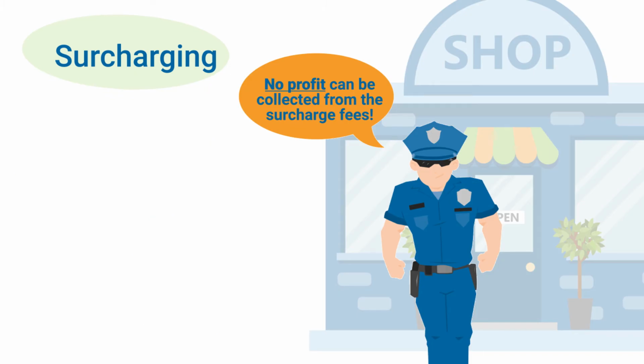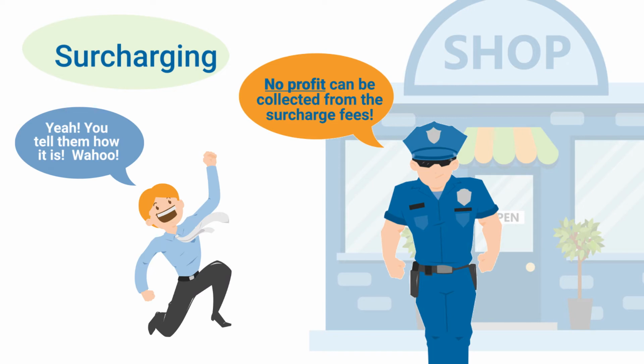The business cannot make a profit by surcharging, so the surcharge exists only to offset the fee that would otherwise be paid by the business owner of the merchant account by once again passing the majority or the entire fee along to the customer when they're making a purchase.